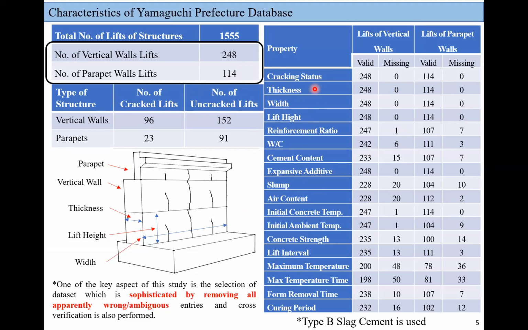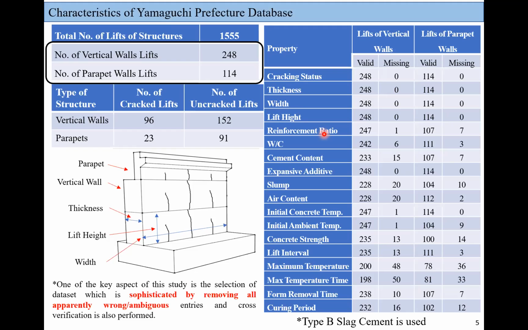He could use the construction data like this, for example, cracking or not, or crack widths, the thickness of the structure, or width of the structure, or height of the structure. According to the size of the structure, of course, the heat generation will be different. For massive structures, we can predict larger hydration heat. But you can imagine.